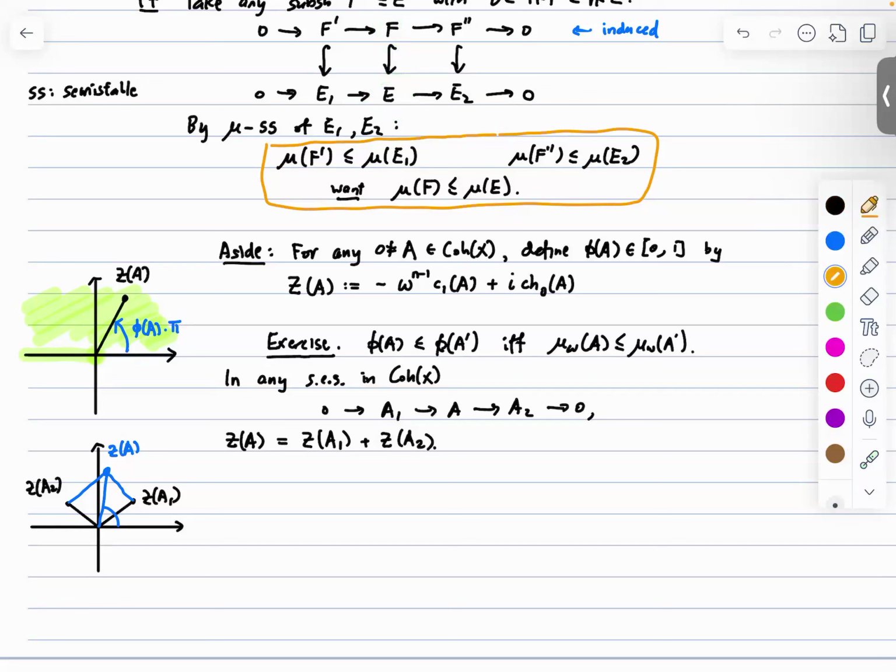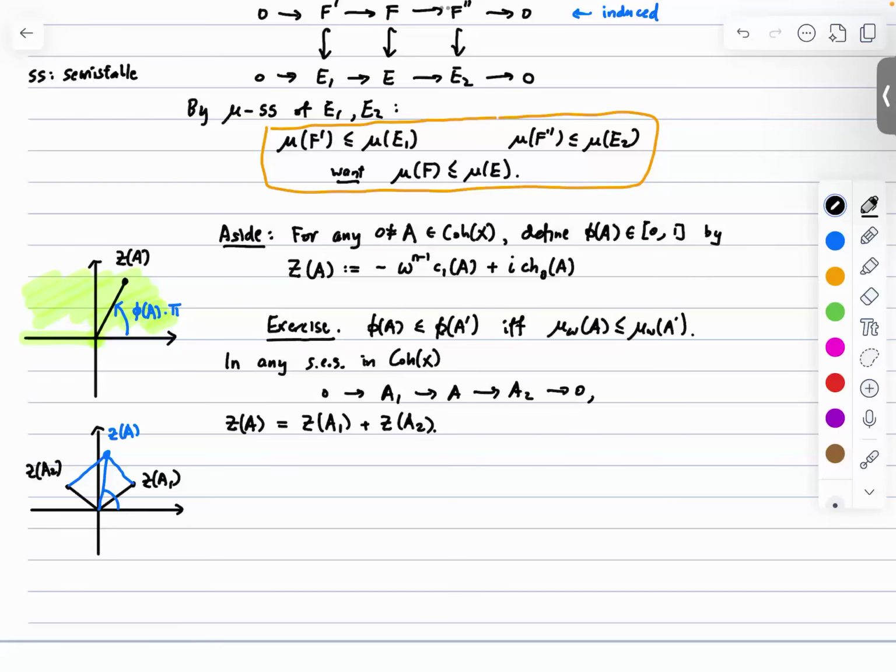So let me draw everything in a picture. Okay, here's another copy of the complex plane. Let's say maybe Z of E1 is here, and Z of E2 is here.